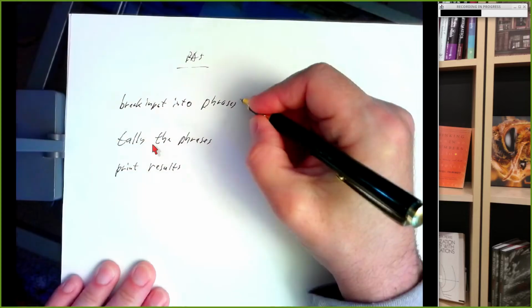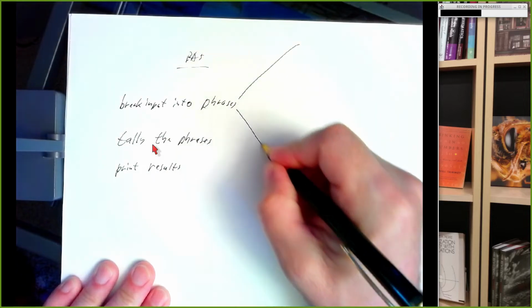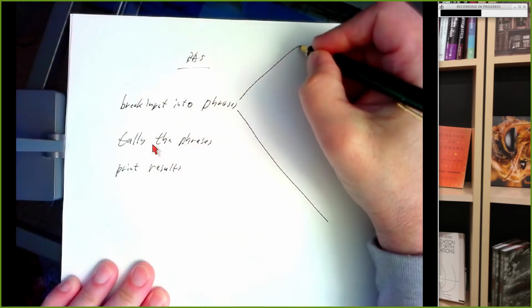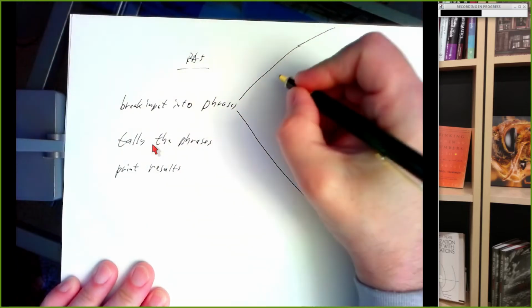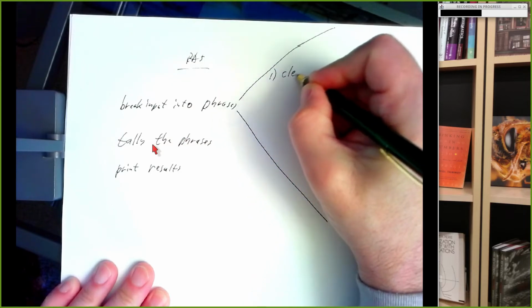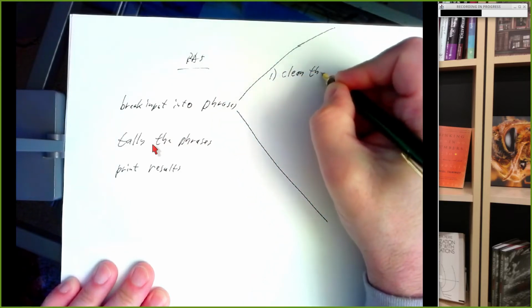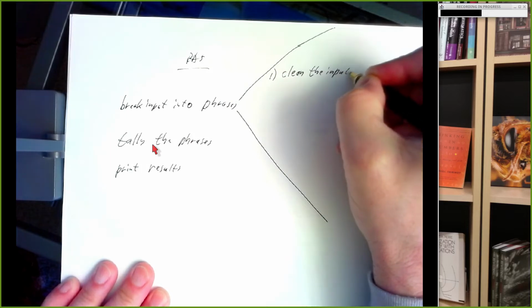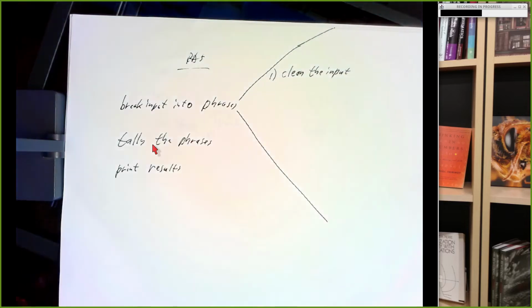So let's just talk about breaking your input into phrases. And there's going to be basically 2 steps to this. Step 1 is to clean the input. So we're going to condition it so that the input looks like something that's easy for us to process. And cleaning the input is going to mean converting everything to uppercase, getting rid of certain characters, dealing with spaces, things like that.